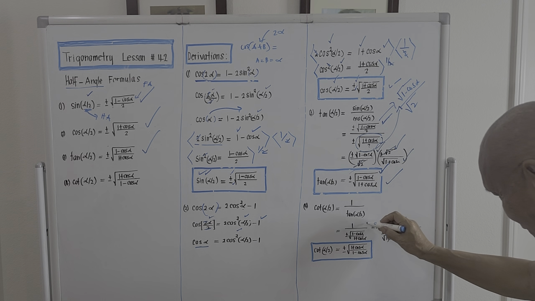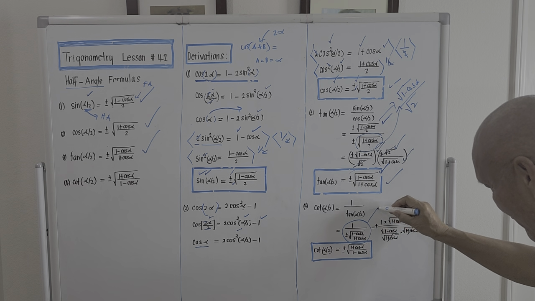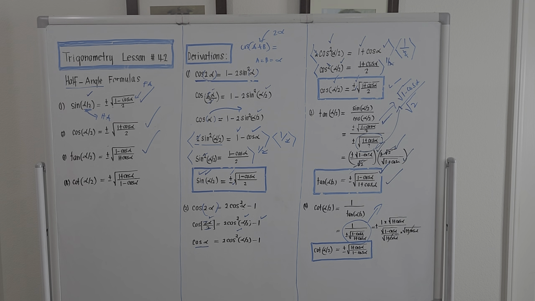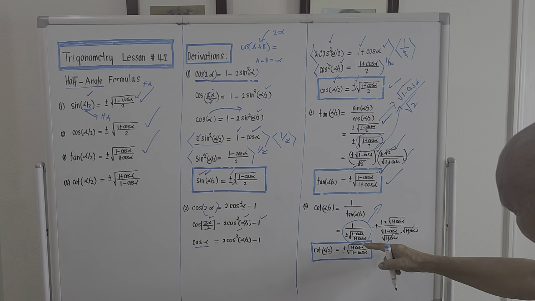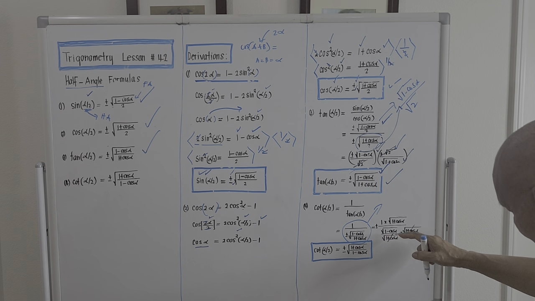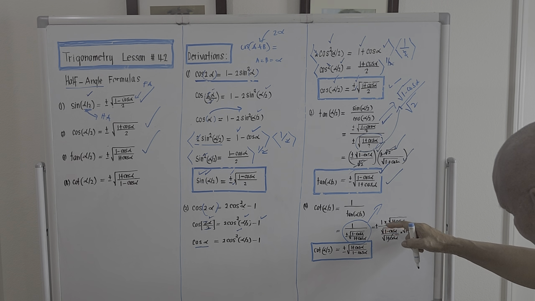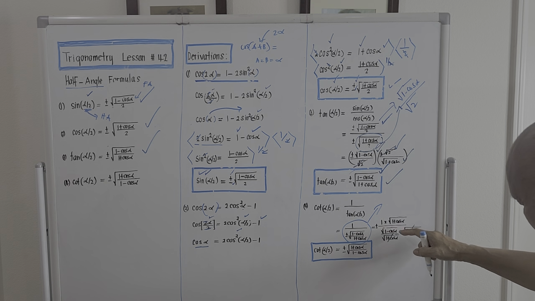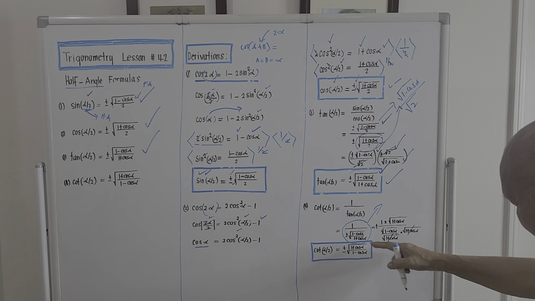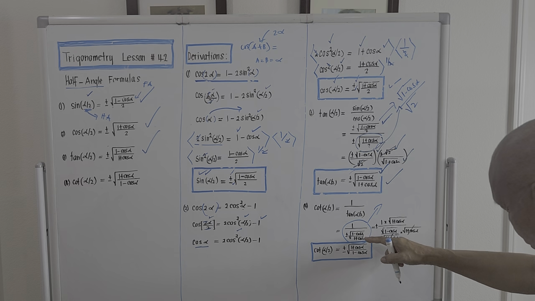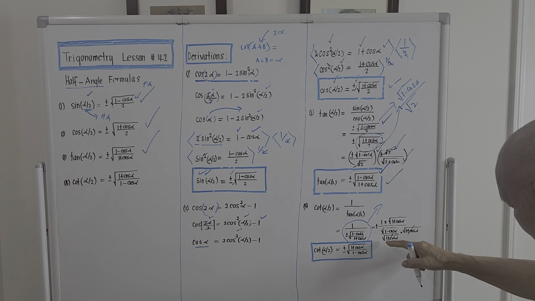Okay? And if we try to simplify this one, it's all algebra. The bottom portion, we can rewrite as the product of the radical 1 minus cosine of alpha. Okay, we rewrite this one under another radical 1 plus cosine of alpha.